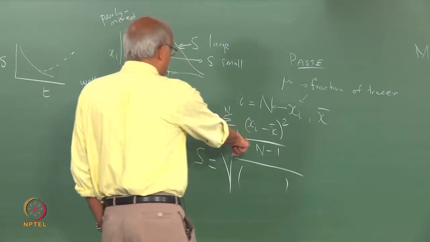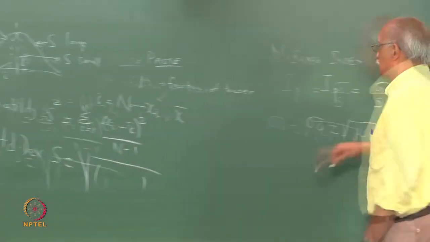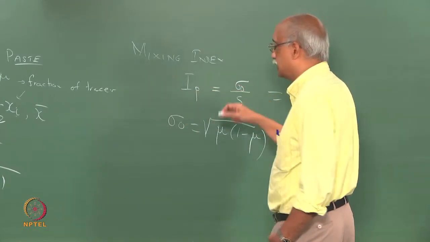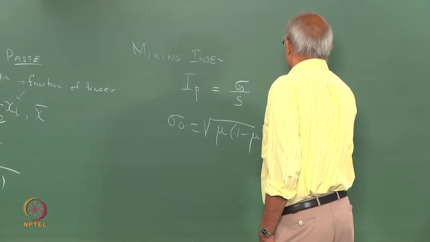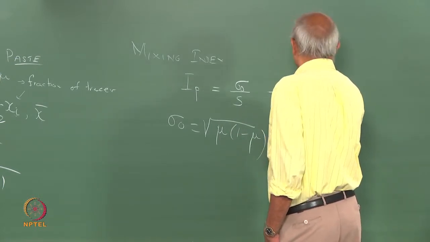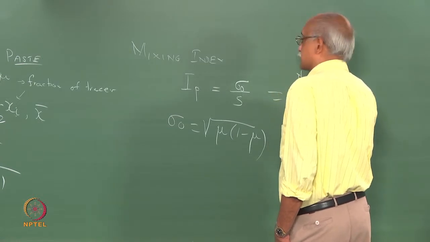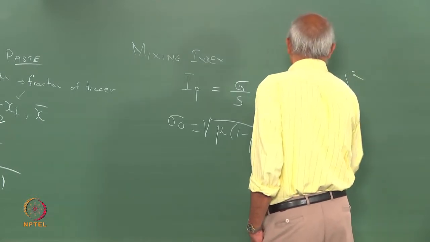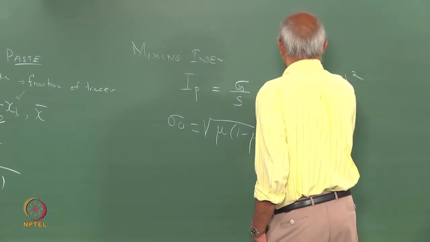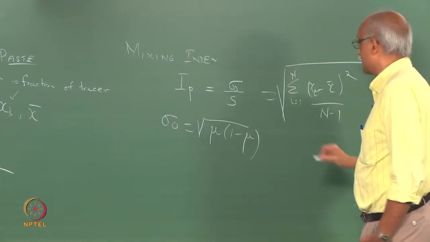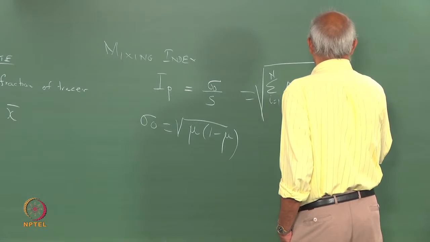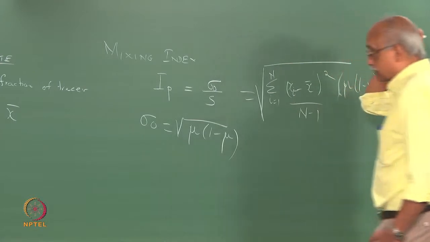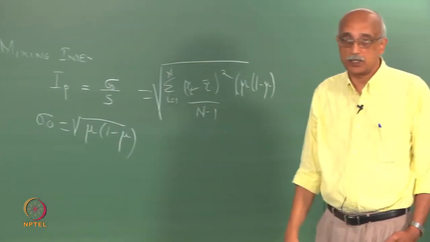So, you can substitute for S from that expression, and so IP, or the mixing index, is going to be the square root of the summation from i equal to 1 to n of (xi minus x bar) the whole squared divided by n minus 1, and you have the mu times 1 minus mu also in the numerator, right. So, this is the definition of mixing index for a paste.